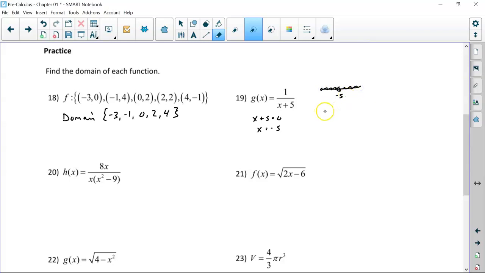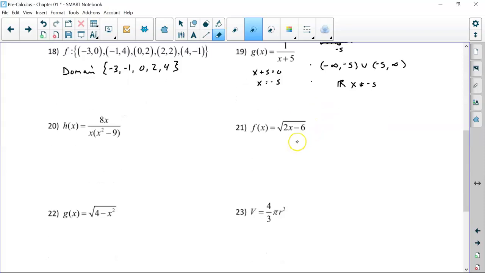So our intervals, negative infinity to negative 5, parentheses around both. And for our other interval, it goes from negative 5 to infinity. And once again, we put parentheses around both. That's another way to write all real numbers, x not equal to negative 5. So we have it 2 ways, in interval notation and our more traditional way.